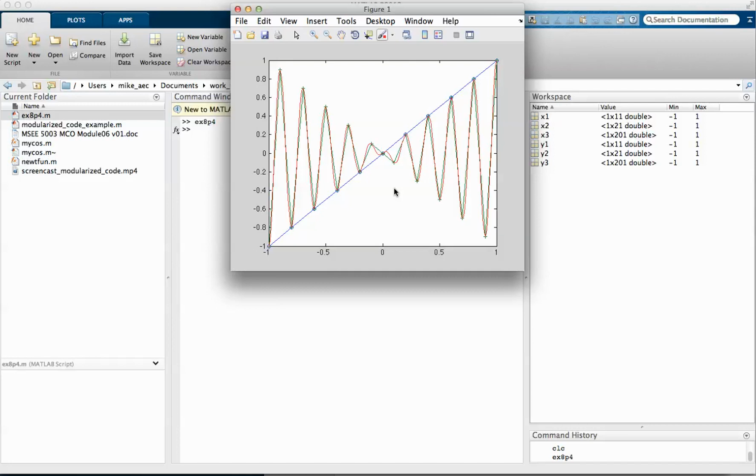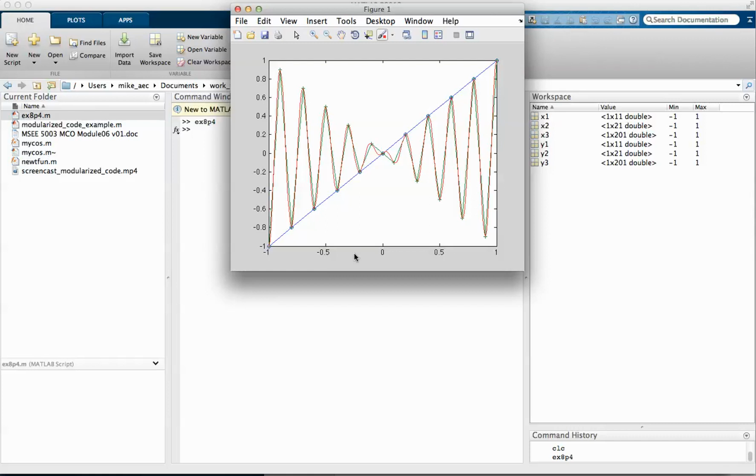MATLAB will by default connect the dots, and that can be a very bad thing if you're not plotting with high enough resolution. Anyway, you'll be able to do this exercise with just a few lines of code if you vectorize it. If you do the for loops in order to do this portion, just keep in the back of your mind that's not the best way.